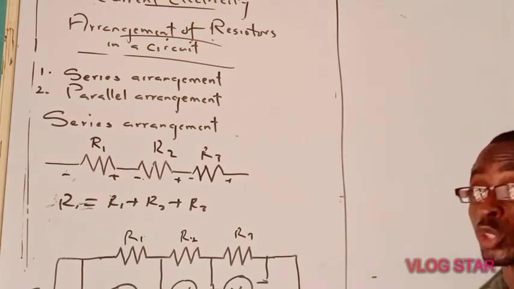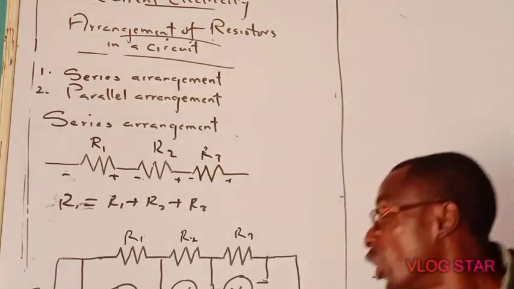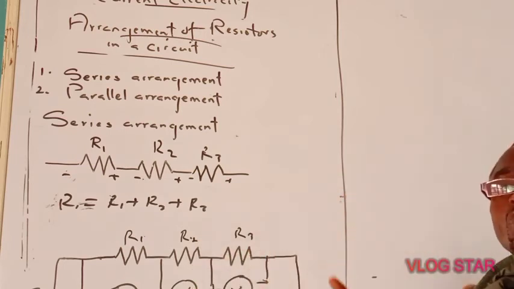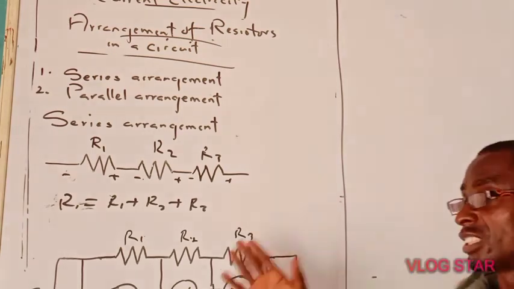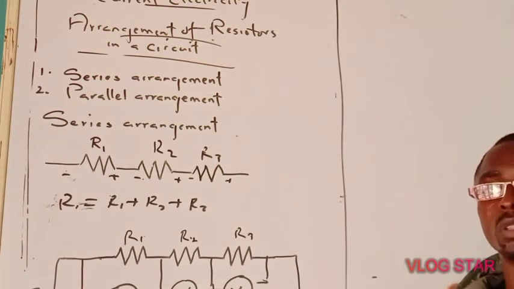Now this is the point we need to note. In series arrangement, the same current flows through the different resistors, but different voltages. So in series arrangement, the resistors have the same current but different voltage.